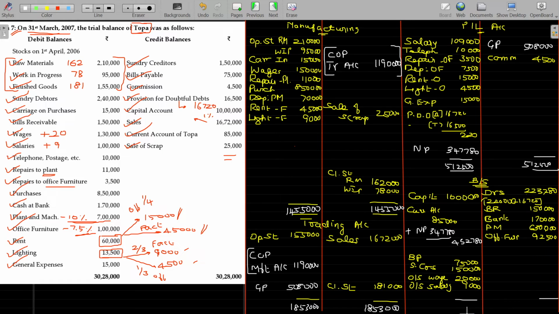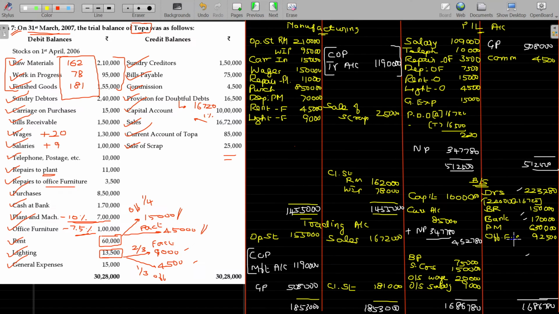Get me the total of the balance sheet. Yeah, hope the total being 16 lakhs 86,780. Are you getting this answer finally? We have missed posting the stocks here, these three.